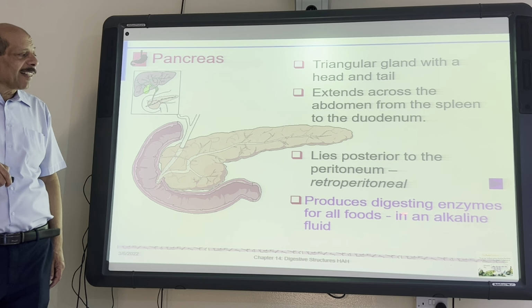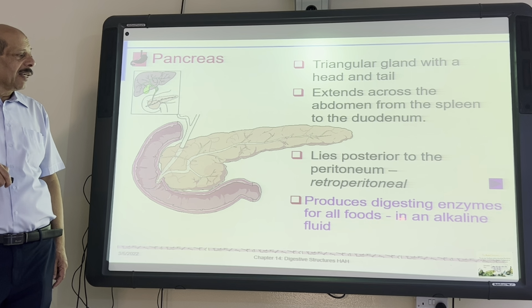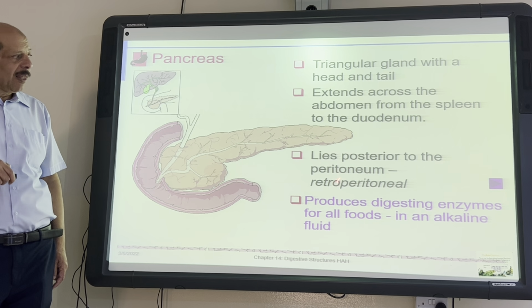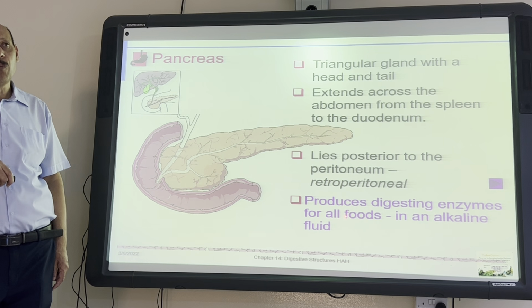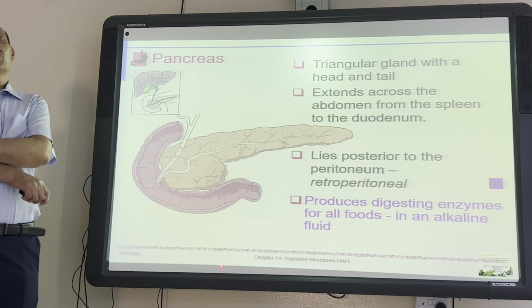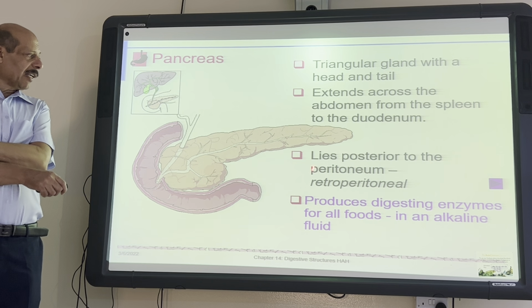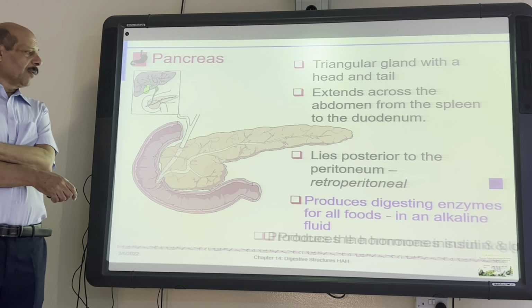It produces the digestive enzymes for all food in an alkaline fluid. So all the digestive enzymes for all types of food, for carbohydrate, for fat, for protein, are coming from the pancreas to digest the food.